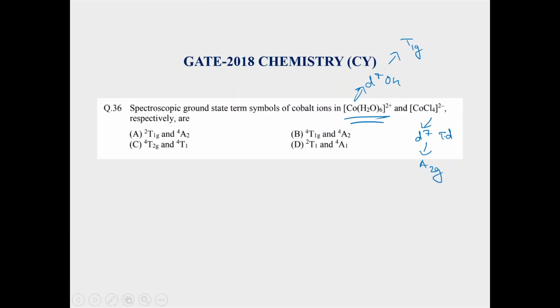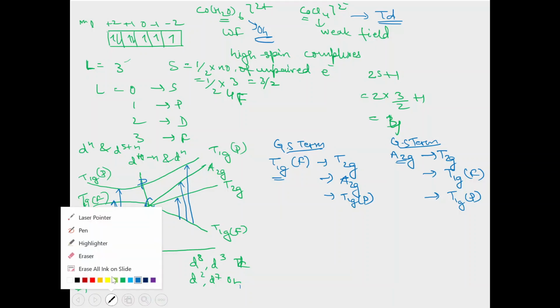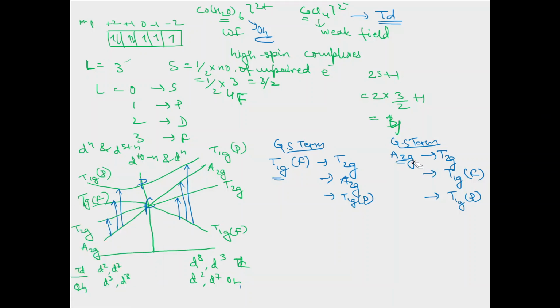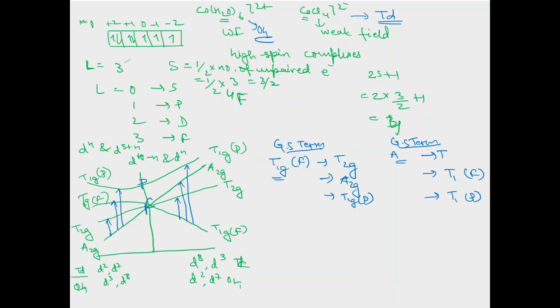Okay, now the next thing is that here we can see in two options, sorry, first of all, it will not be A2g. Since it is tetrahedral, and tetrahedral complexes don't have a center of symmetry, they are not centrosymmetric, in tetrahedral complexes this g term will just get omitted. So if it's a tetrahedral complex, the g terms will not be there, because they are not centrosymmetric.